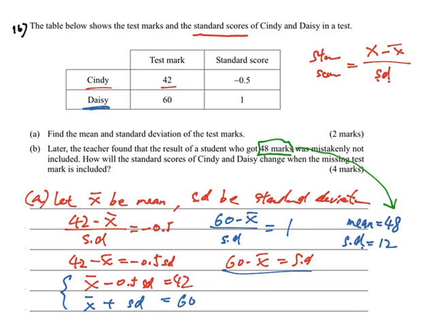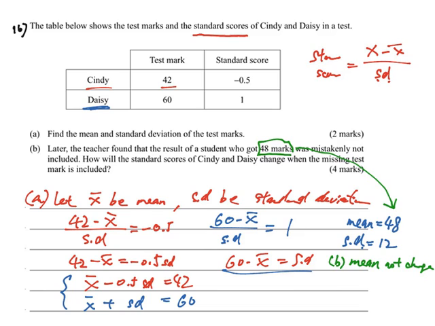That means if we forgot to put 48 into the data, it doesn't affect the mean. So for part B, the mean does not change.